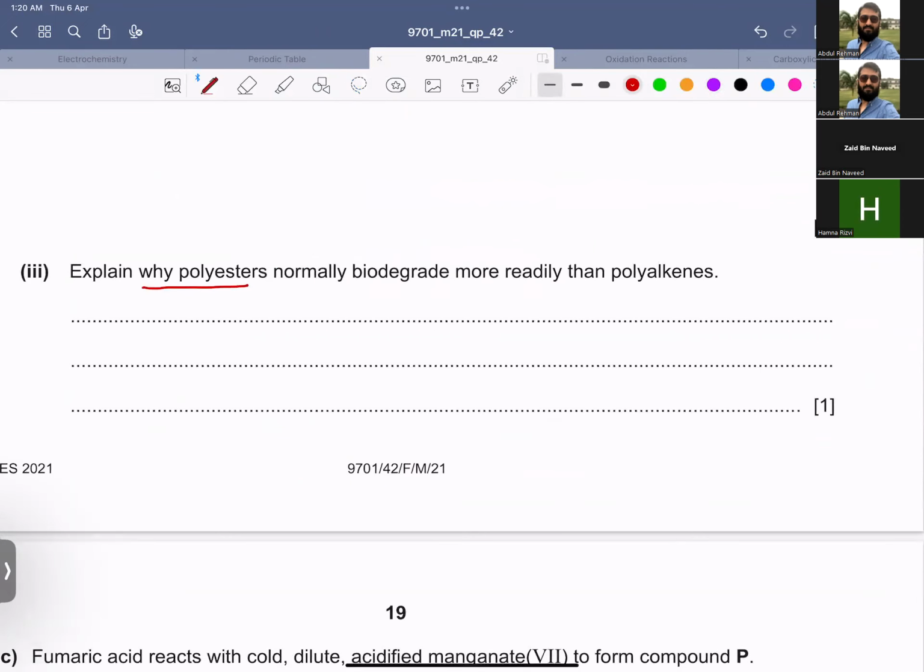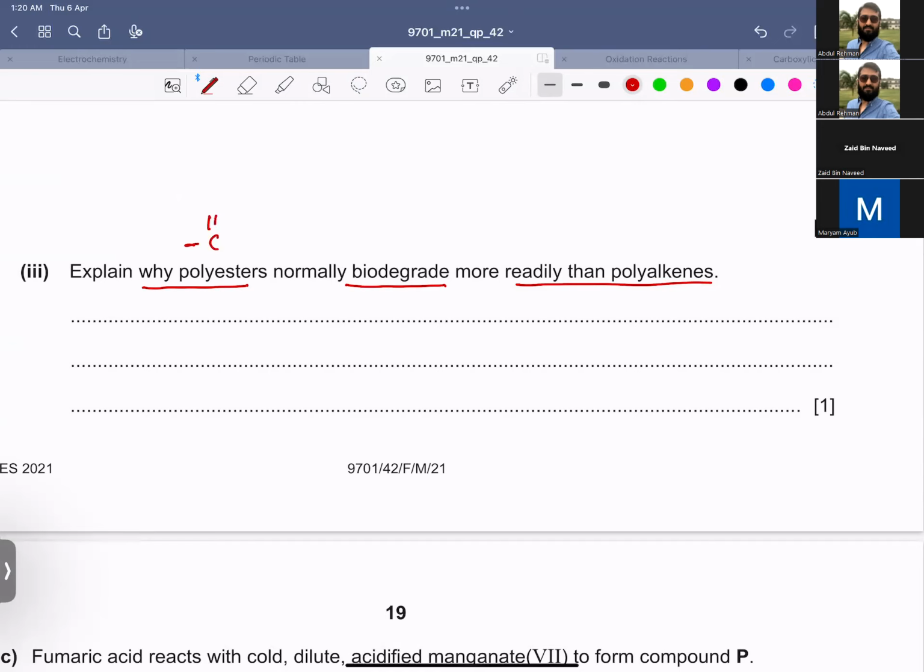Explain why polyesters normally biodegrade more readily than polyalkenes. Yes, who has an answer for this? Because they can be hydrolyzed. Very good.